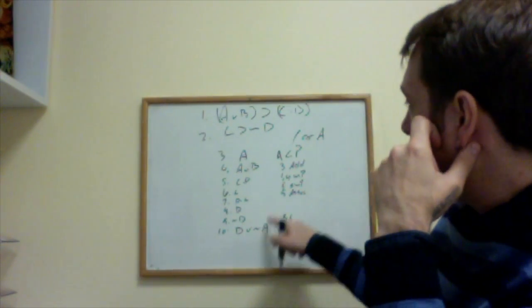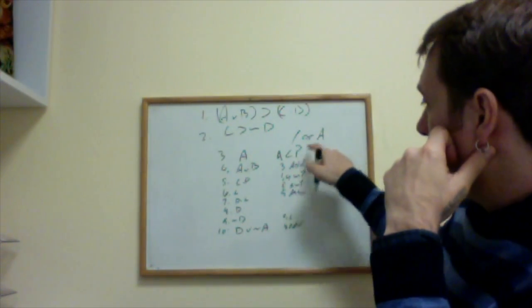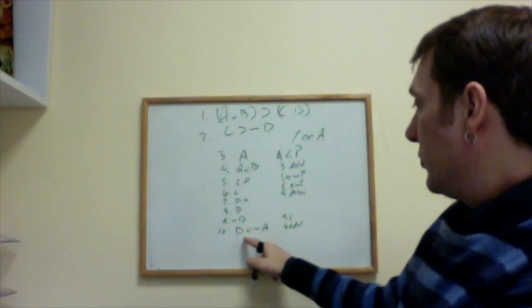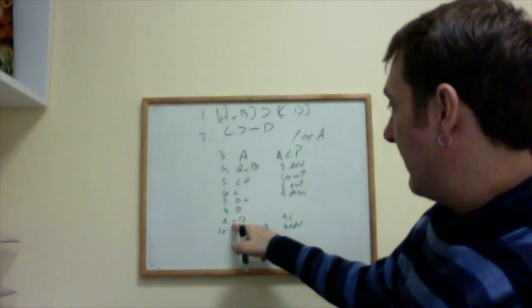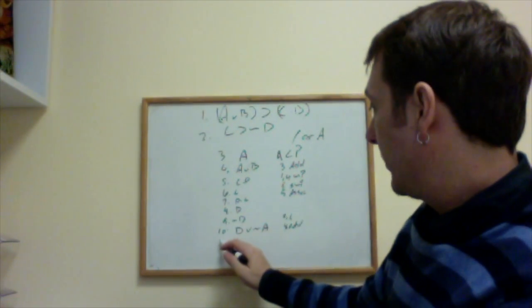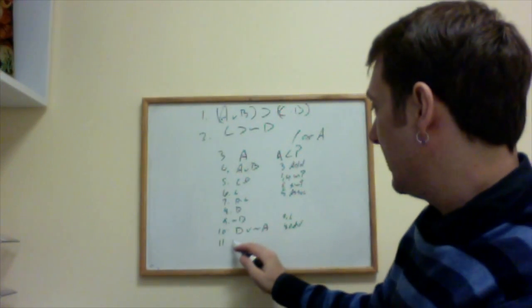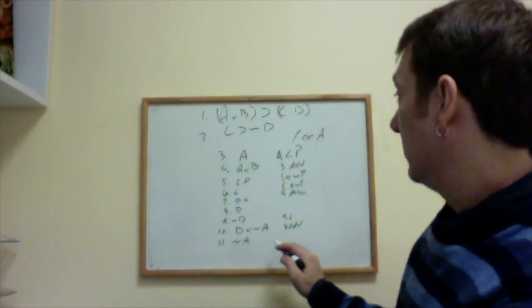We added tilde A, our conclusion, because we can add anything. Now we have D wedge tilde A, and we have tilde D. So we can write down line 11, and using our disjunctive syllogism, we can write tilde A.